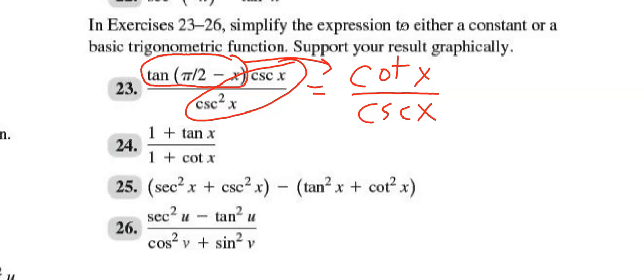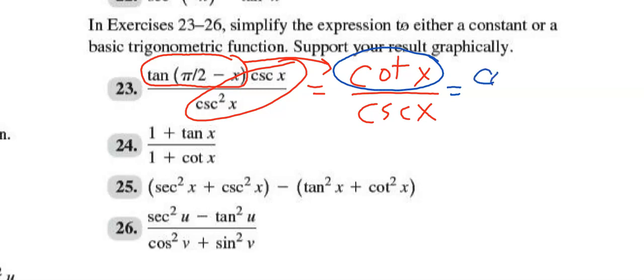We can do more. What do you think we should do to get that into something where you might start seeing more stuff cancel out or reduce? Yes. Let's switch them into sines and cosines, because then we might start seeing some cool stuff happen. So what's cotangent?